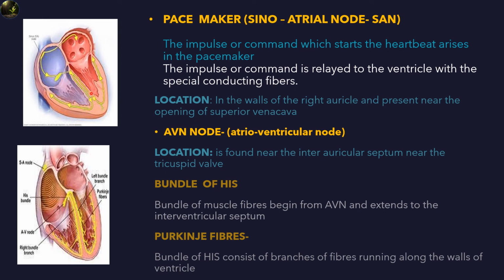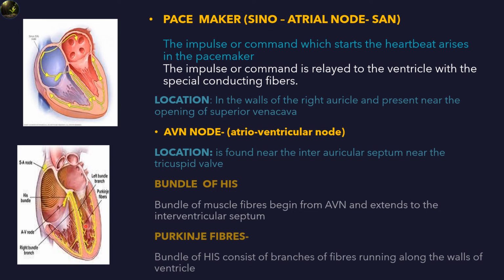This bundle of His consists of branches of fibers running along the walls of the ventricle. Those branches we call Purkinje fibers.